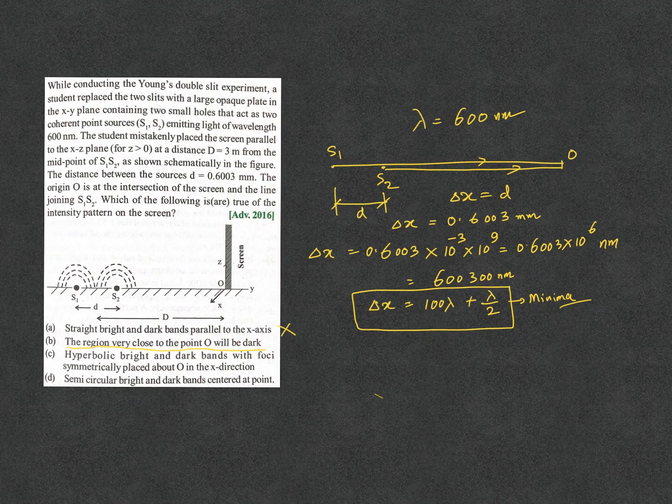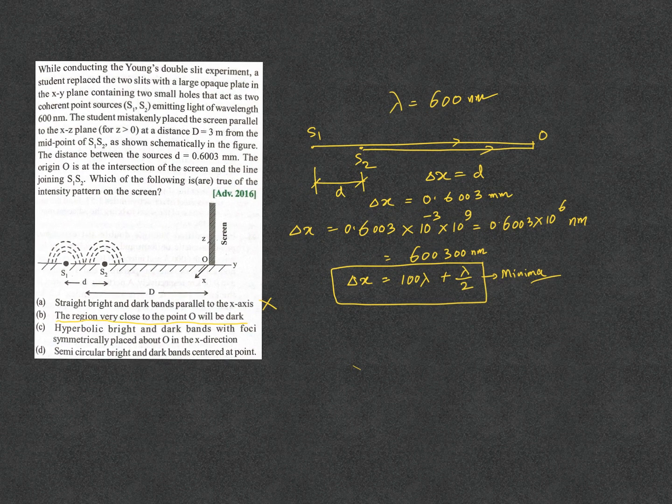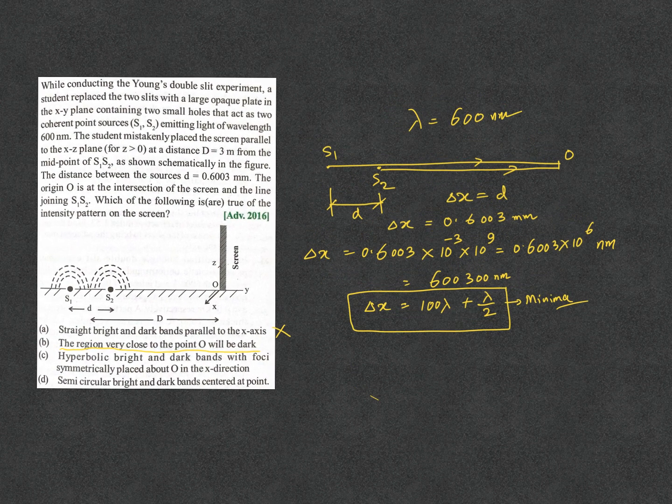And to understand that, see, it looks that this option D is correct because of the diagram. So have it like this. Say, there it is, the screen.